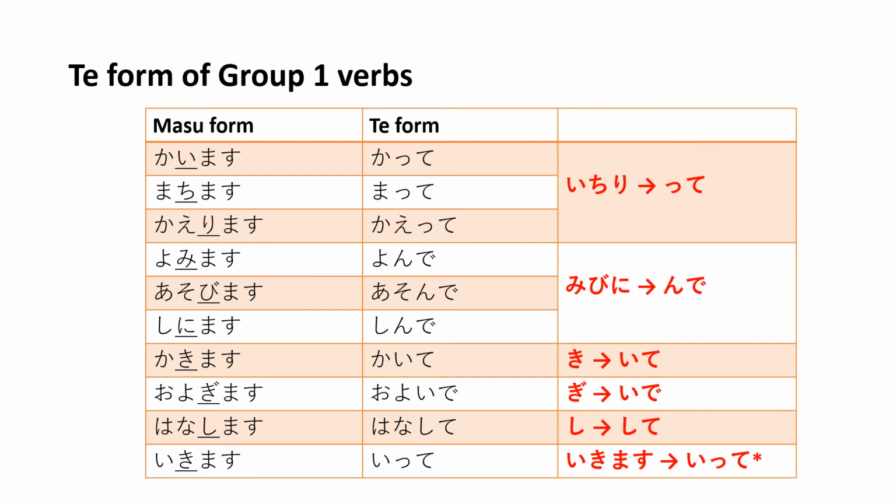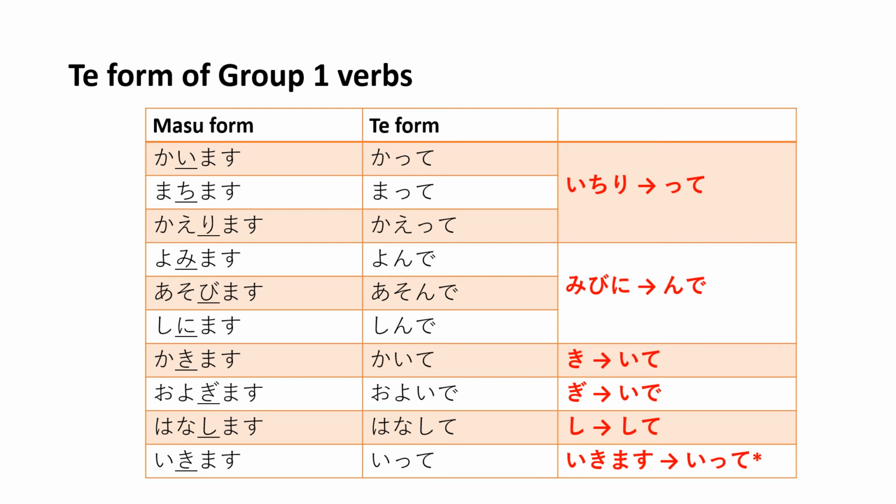Do you see underlined hiragana in mas form? Before mas, you see i, chi, ri. And in te form of these verbs, i, chi, ri will be replaced with small tsu and te.